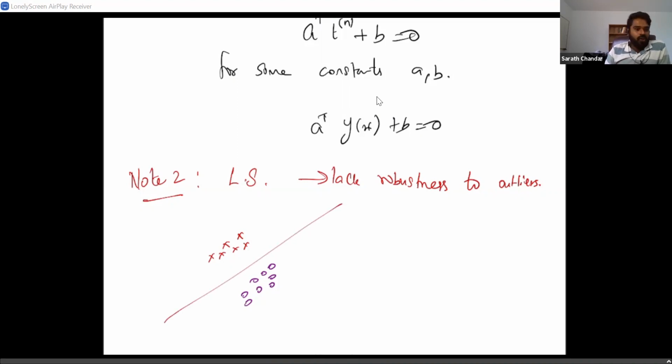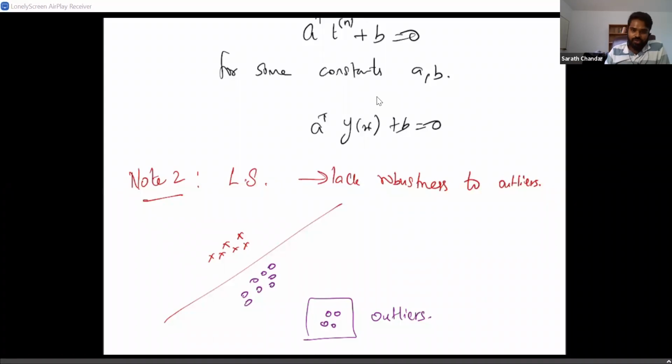I can easily shift this boundary by just adding a few more circles, but far away from the original distribution. These 4 data points that I have here could be outliers, because all the circles stay in the same place and there are only 4 examples which are far away.